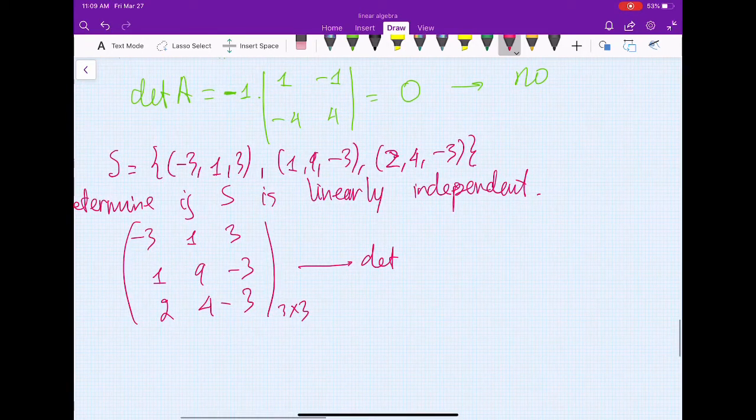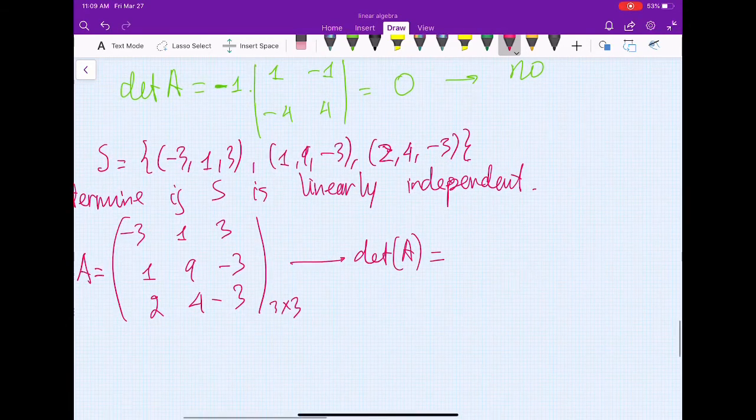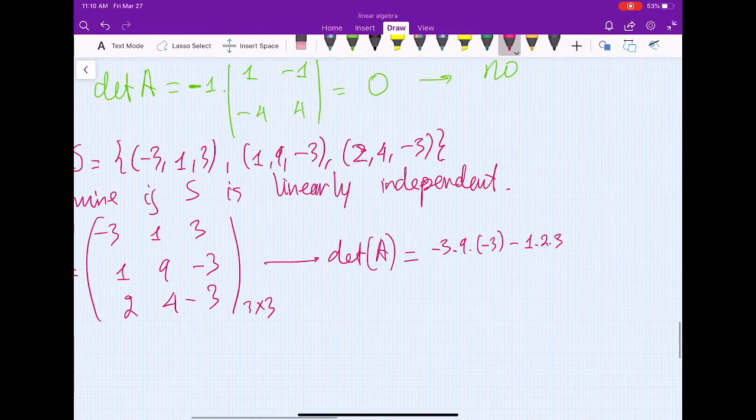Okay, so let's find the determinant of this matrix A. We have different methods to find determinant. Okay, I will do the following way. I will use diagonal form. So I have -3 times 9 times -3, minus 1 times 2 times 3, plus 1 times 3 times 4.